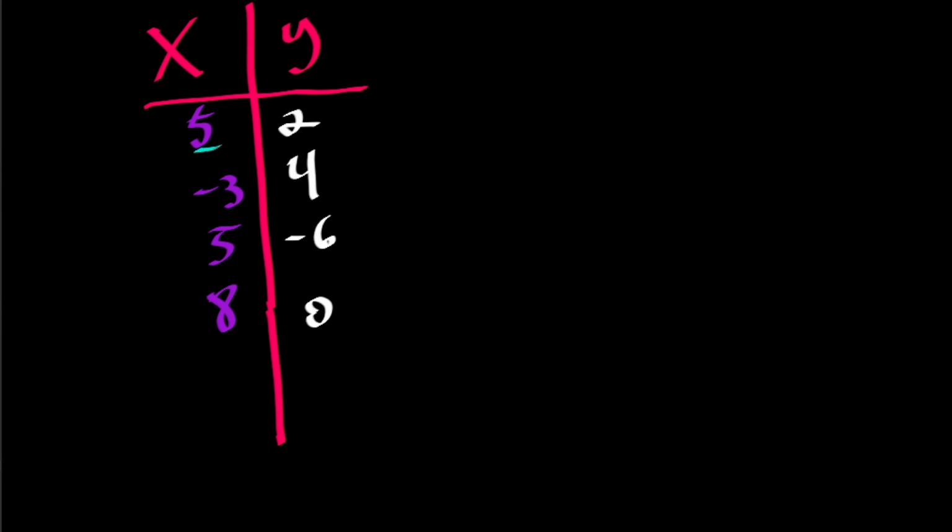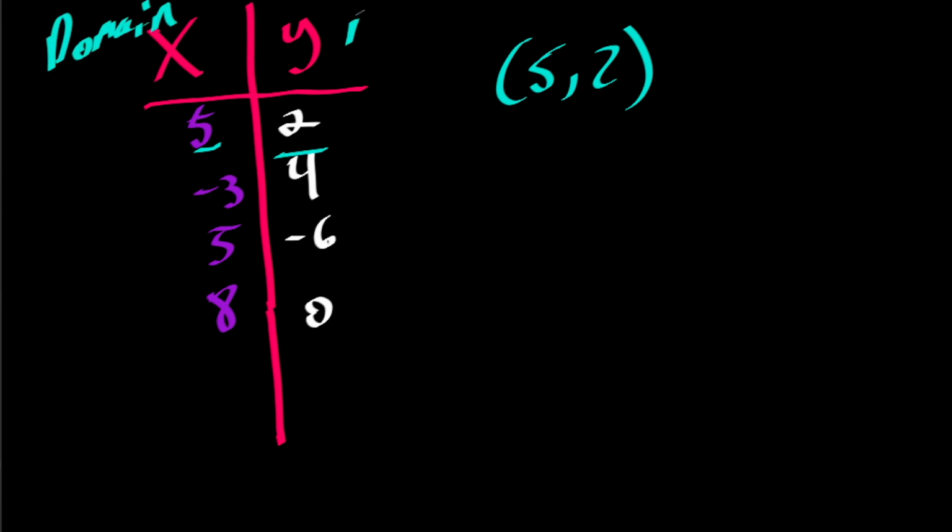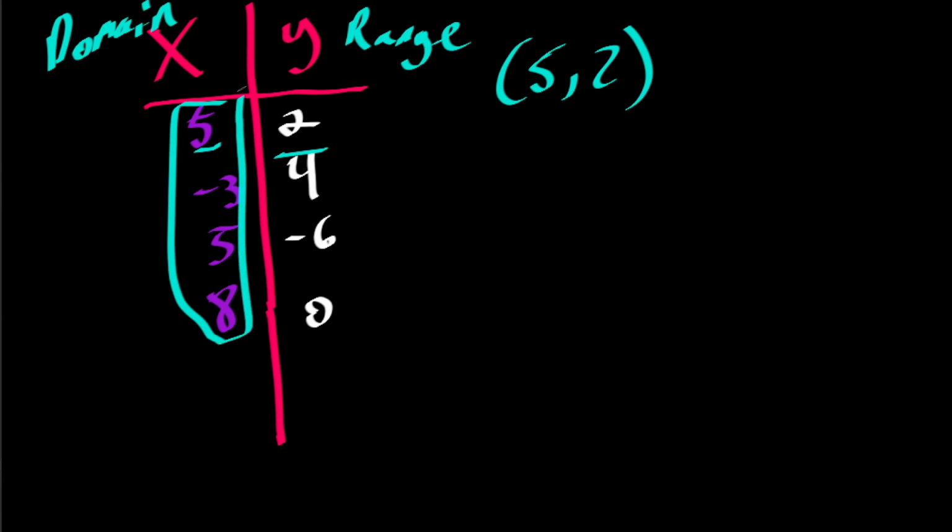If this x value is 5 and this y value is 2, that means the ordered pair is 5, 2. Okay, so they're basically, in my opinion, giving you an easier way to look at this because you know the domain is all of these x values. You know the range is just all these y values. So if it asks you for the domain and range, well, here's the domain and here's the range.